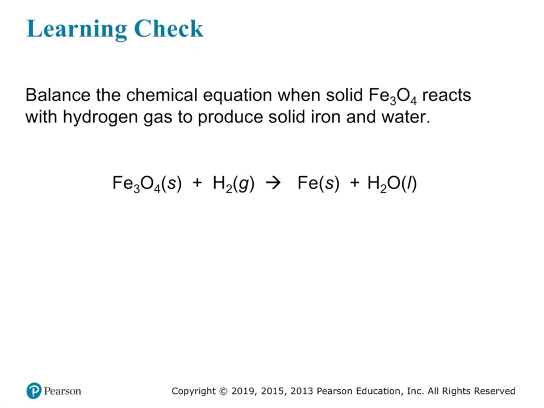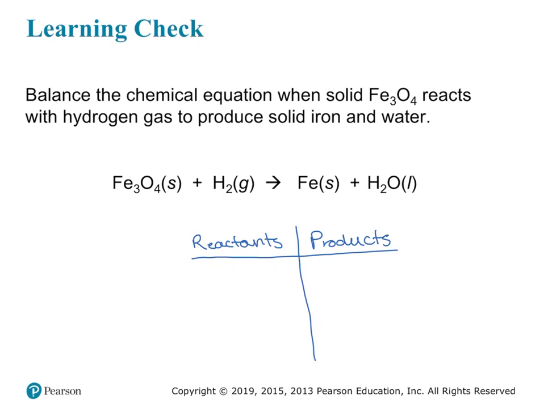And then that's producing pure iron, which is a solid, and H2O, which is water, so that's a liquid. So I'm going to write out my reactants and products table to start.